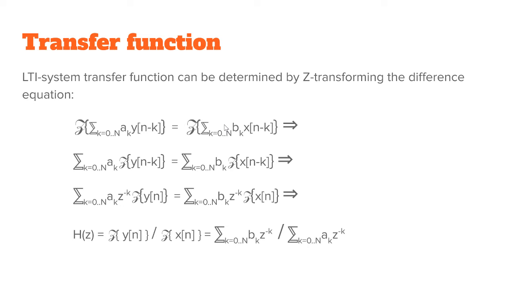The corresponding transfer function for this system is the sum from k from 0 to n of b_k times z to the minus k, as the numerator, and the denominator is the sum from k from 0 to n of a_k times z to the minus k.